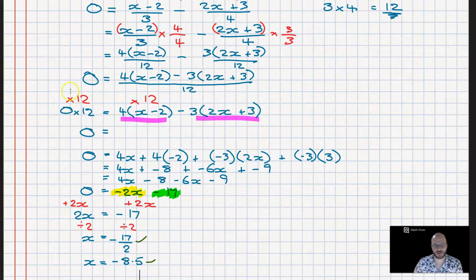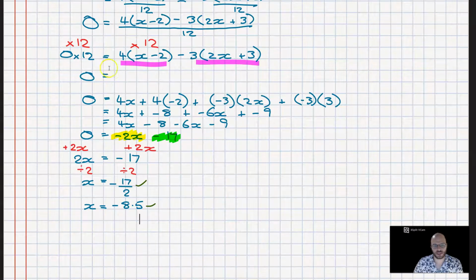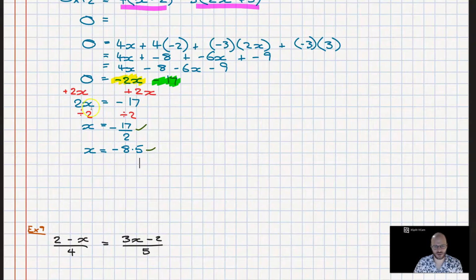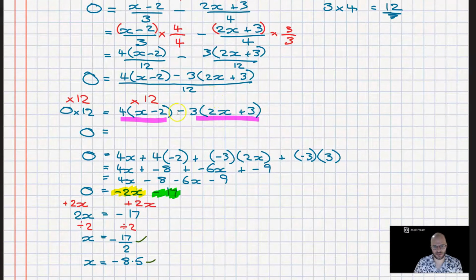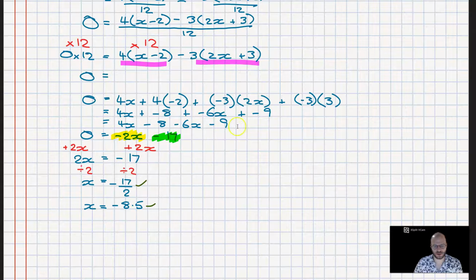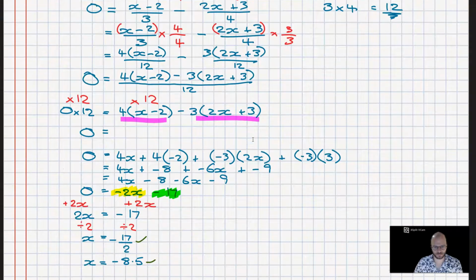That removed all fractions. Then we opened our brackets, collected like terms, and then simply solved for x. So probably 1, 2, 3, 4, 5 steps involved in this one.